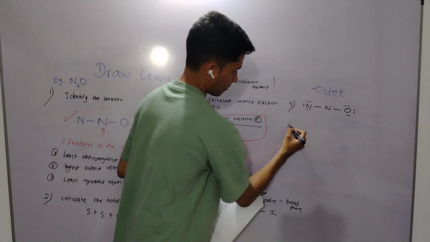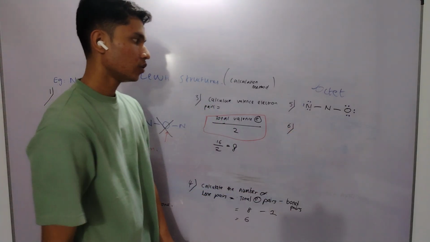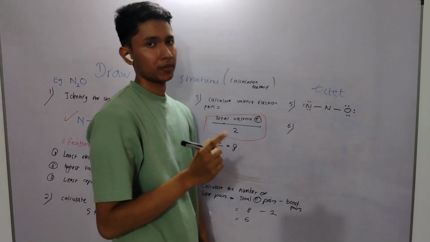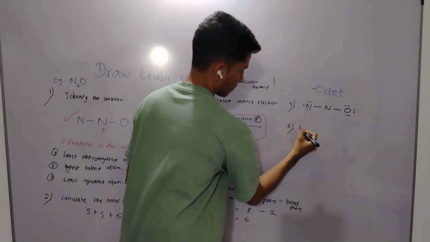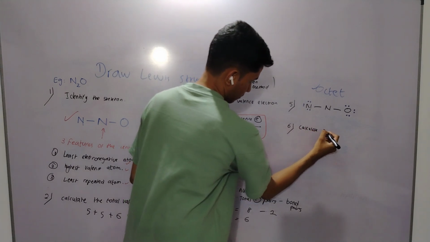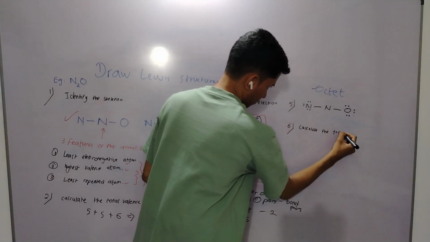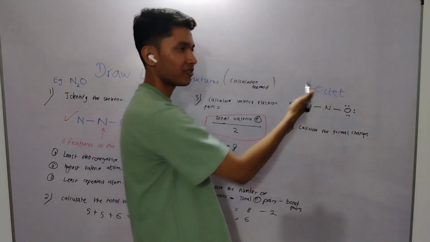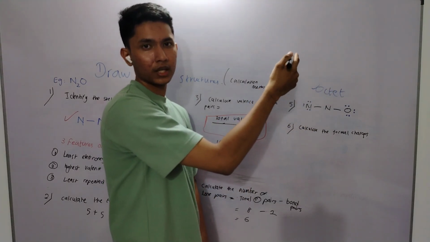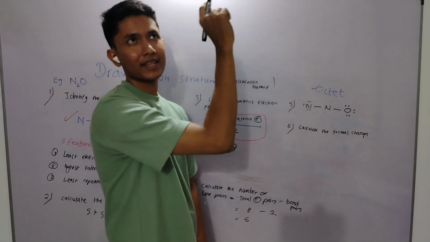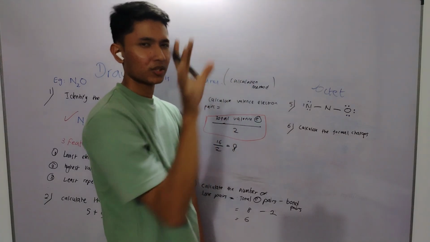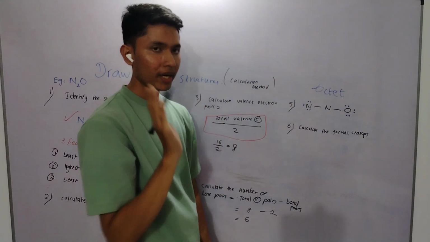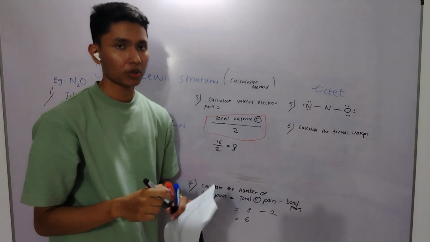Now the sixth step. As the sixth step, we calculate the formal charges on the individual atoms. You know these atoms will have some charges on top of them; in CO3 2-, there will be minus marks on top of oxygen.